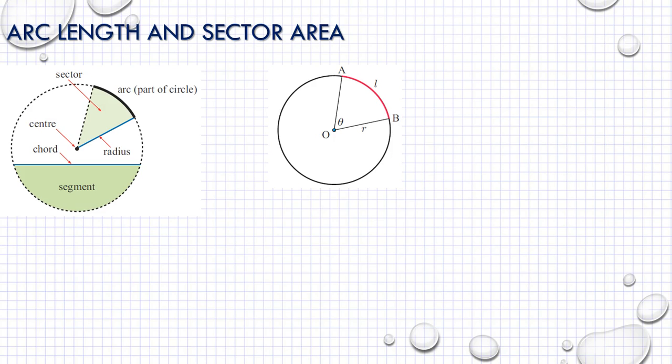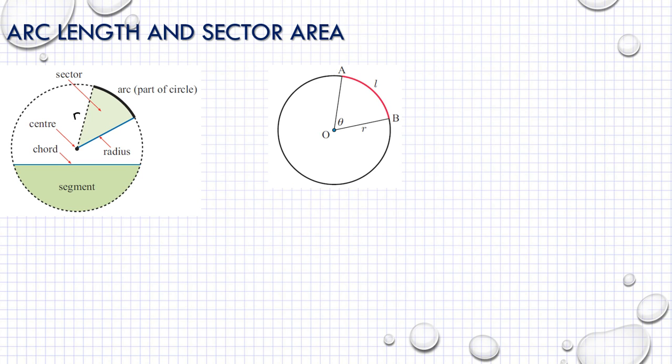I will be discussing in this video arc length and sector area. As you can see here, the figure that I pasted specifies what a sector is. A sector is formed when you divide a circle into different pieces, and between two radii we have a sector.